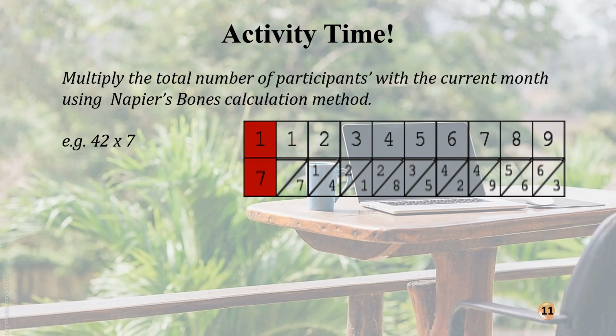So the lower part of that square box is the unit, and the upper one is the tens. Okay, do you get it?